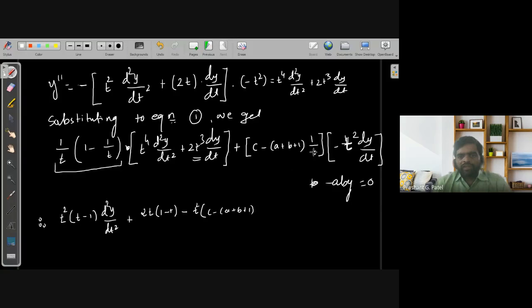If I take the LCM as 1 upon t, so it is ct into 1 upon t square. And this t square is multiplied, so that's why it is not t square, but it is t upon t.